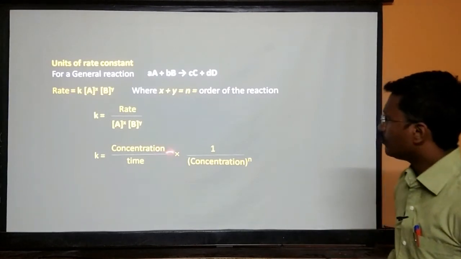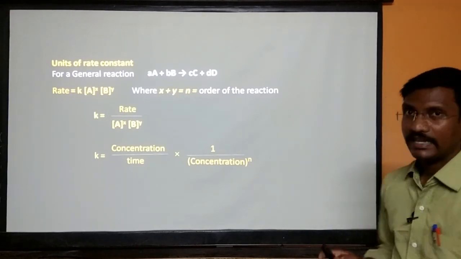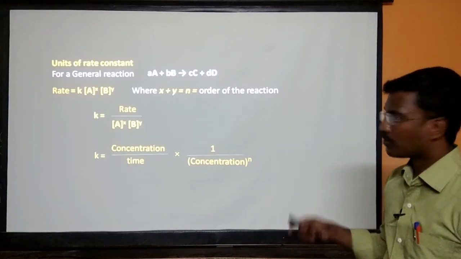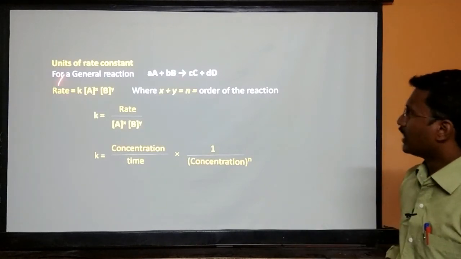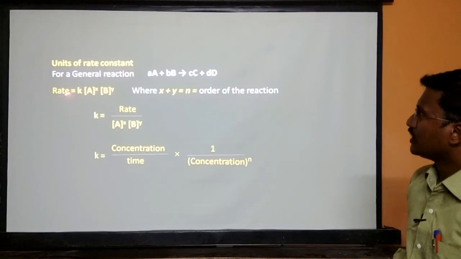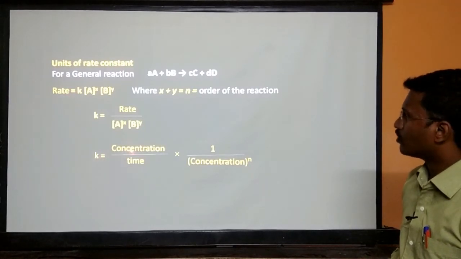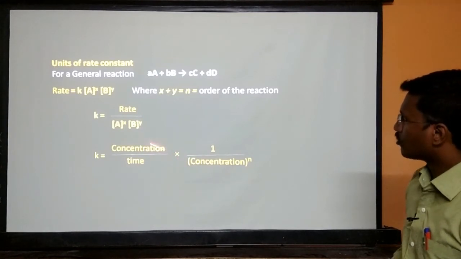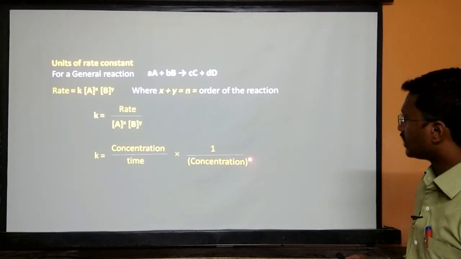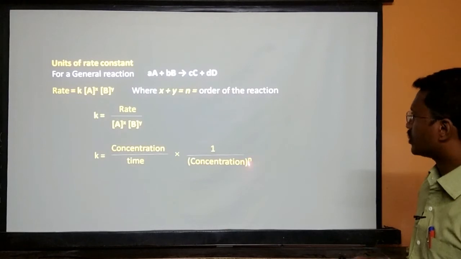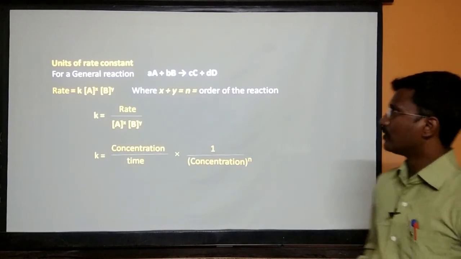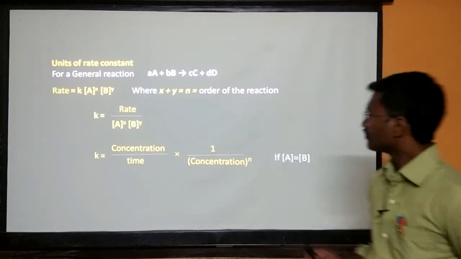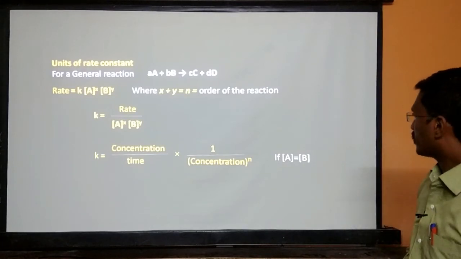So I hope if you remember this, it will be easier. Still, it is important, and it is in the next slide. Can you see here, the unit of the rate constant is expressed as K equal to concentration divided by time, which is the rate expression, into the reciprocal of the concentration of the reactant raised to the order of reaction. Based on this, we are writing the rate constant.